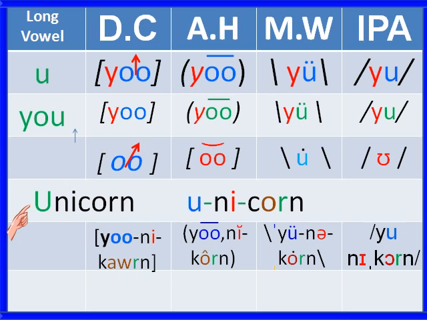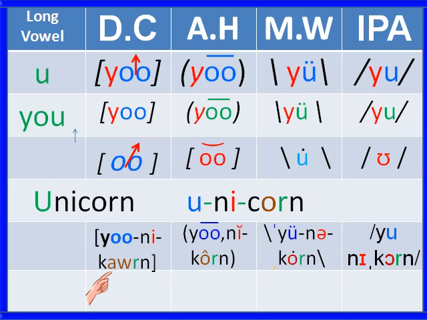The word is unicorn. Now in the syllables right here, you see the U, the N-I, ni, and the C-O-R, corn. Now look at DC. Pay attention to the AW there.